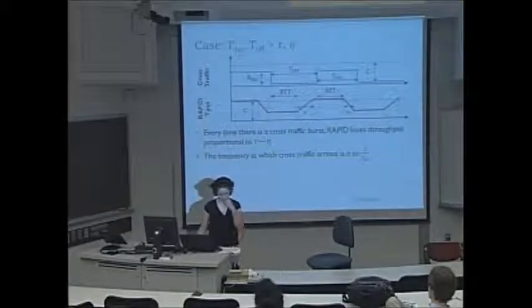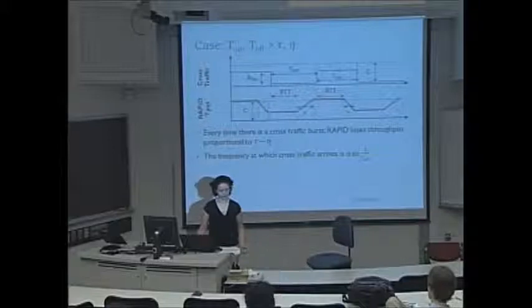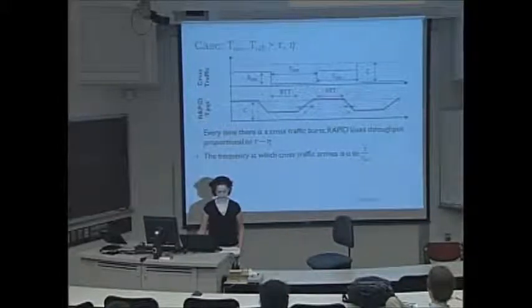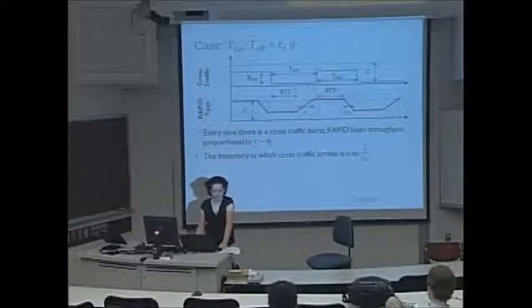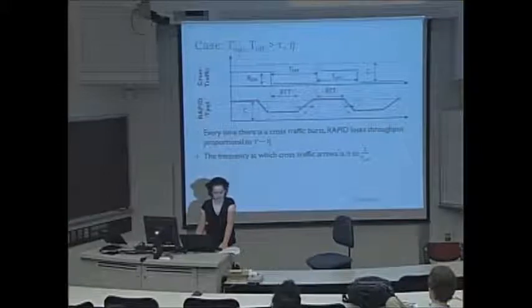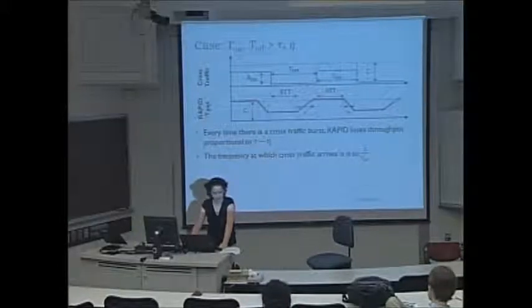So this is basically meaning that traffic is bursty at large time scales, and Rapid has plenty of time. Every time there is a burst in cross-traffic, Rapid loses some of its throughput because it takes more time to ramp up or increase sending rate than to ramp down.